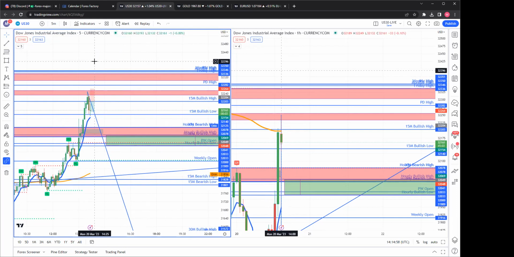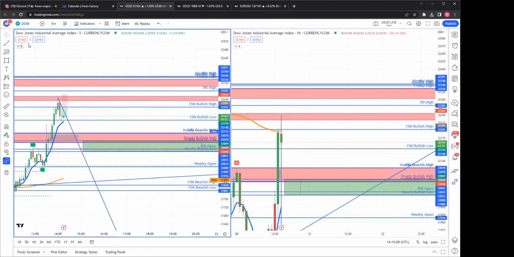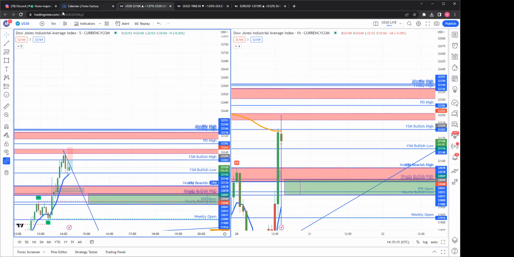I don't have 2 4-hour bullish highs on any chart. I only have 1 4-hour bullish high, 1 bullish low, 1 bearish high, and 1 bearish low. But if you use this Smart Money indicator, you'll have like 3 bullish highs for any given chart. So it's better to learn how to do it manually.